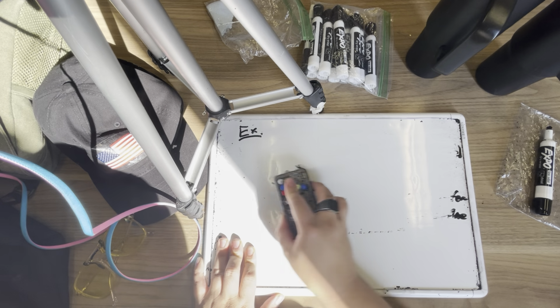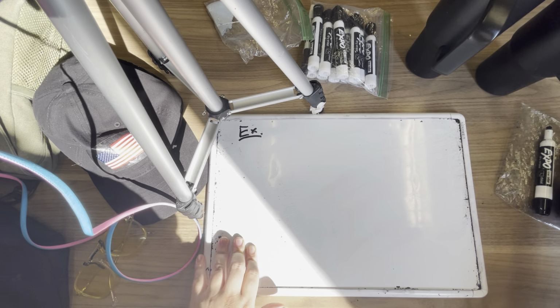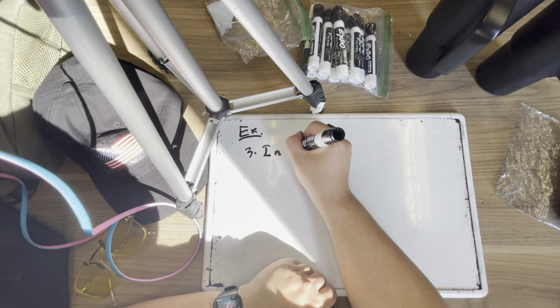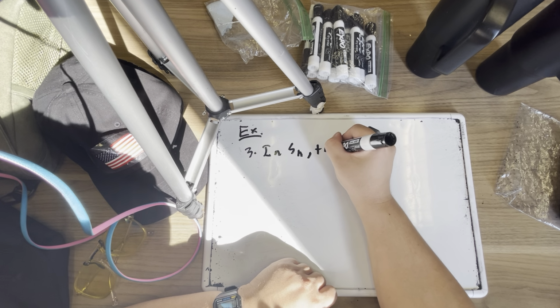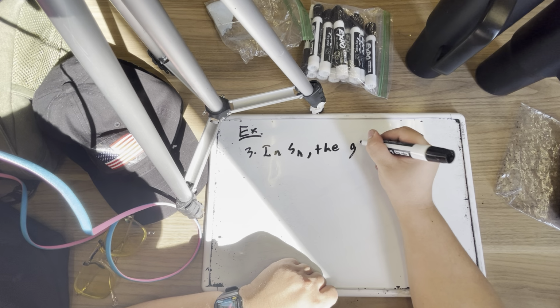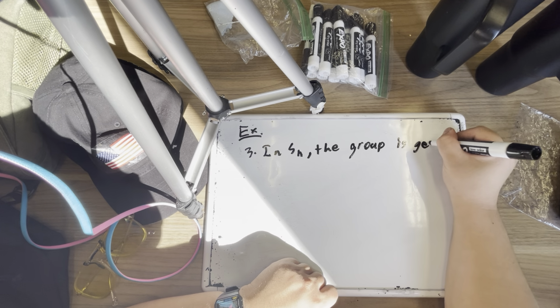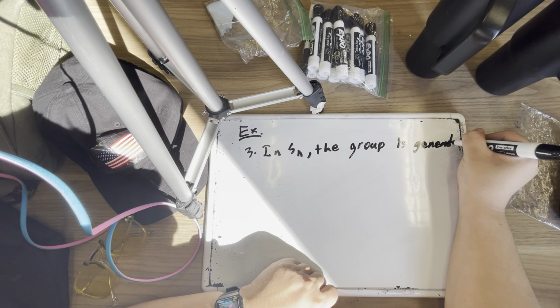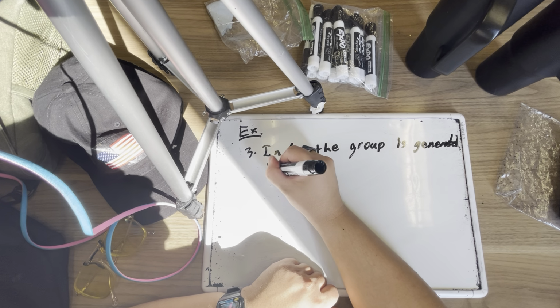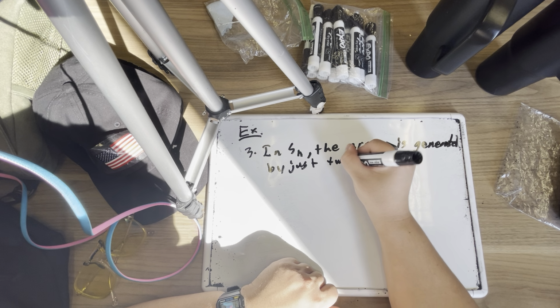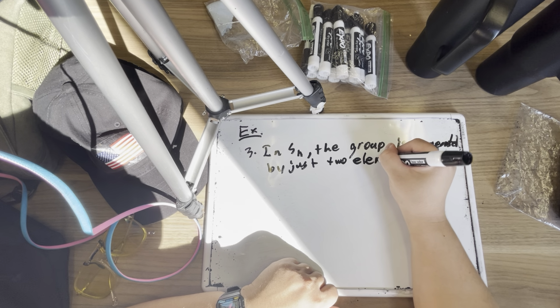I'm just going to erase this because we need more space. Now, in S sub n, the symmetric group, the group is generated by just 2 elements, right?